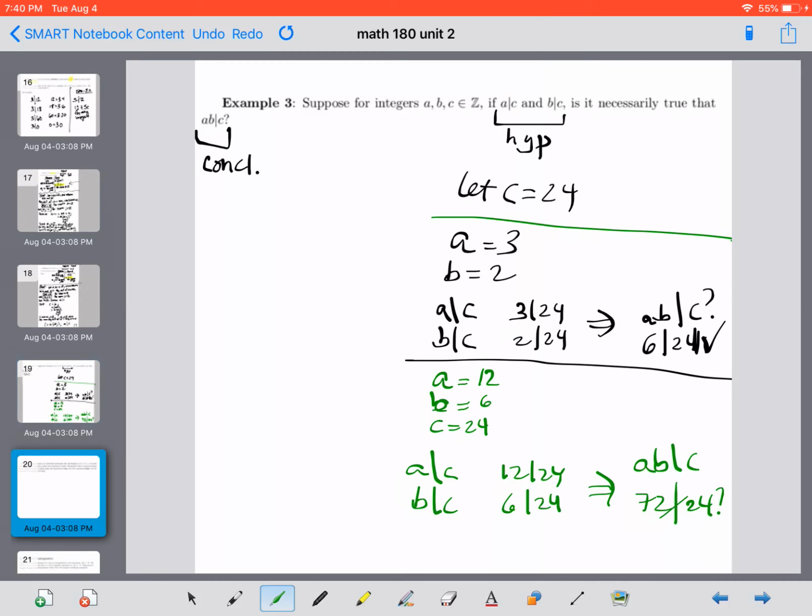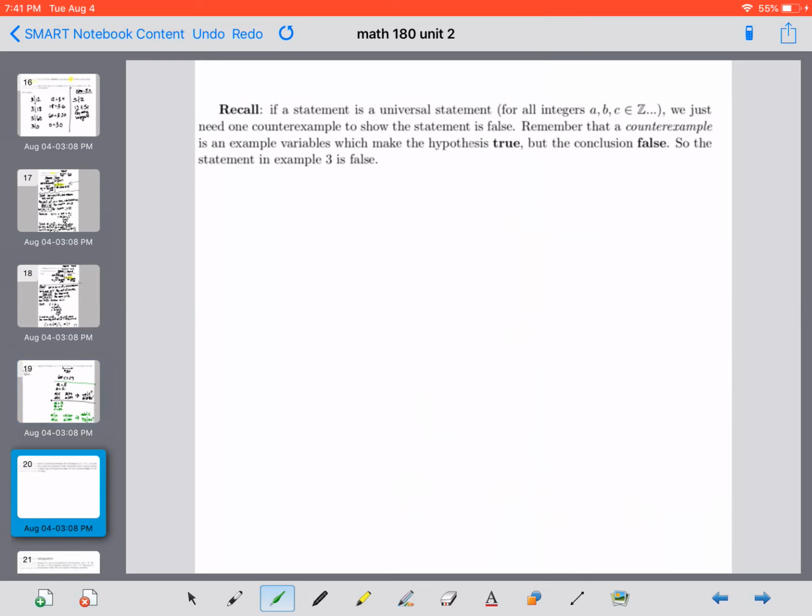So remember, a counterexample is an example of the variables which would make the hypothesis true, but the conclusion false. That's exactly what we had in green on this last page. We had a, b, and c that made the hypothesis true, but the conclusion false. And so because we found a counterexample, even just one counterexample, that entire statement was false.